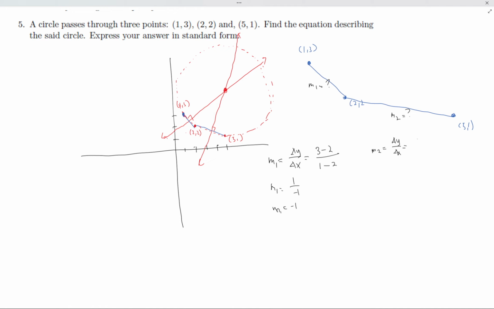Our equation will become 2 minus 1 over 2 minus 5. In this case, m2 is a lot smaller slope because, look at how inclined it is compared to m1. A lot smaller in terms of magnitude. Now we have 2 minus 1, that is positive 1, but 2 minus 5 is negative 3. Therefore, this slope is negative 1/3. So m2 is negative 1/3.